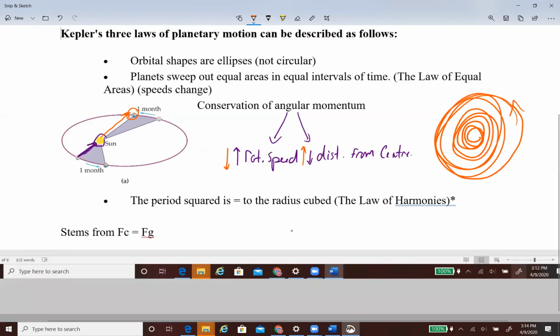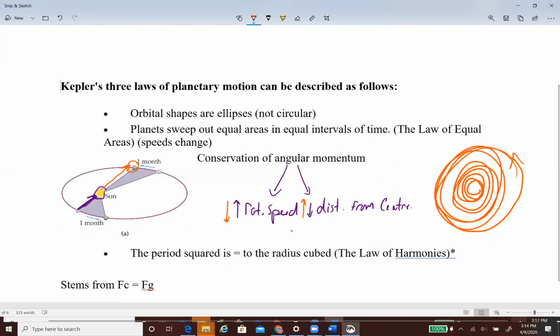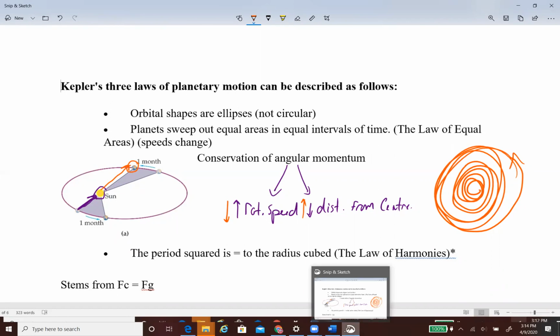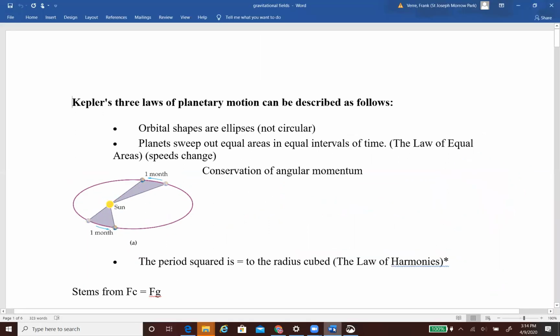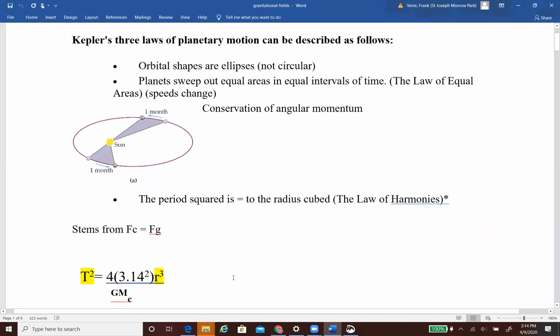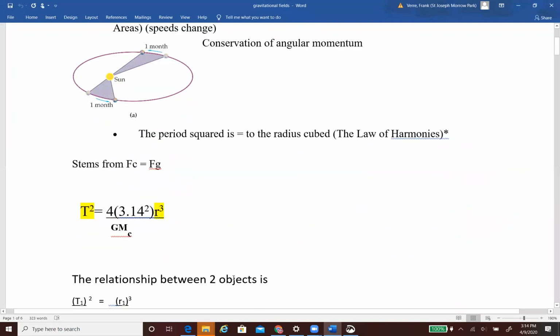But what I want to actually focus on is his third law, which actually comes from chapter 3. Is it chapter 3? I think it was chapter 3. If you recall, we looked at centrifugal force, and we came up with an equation that we could use for the period.